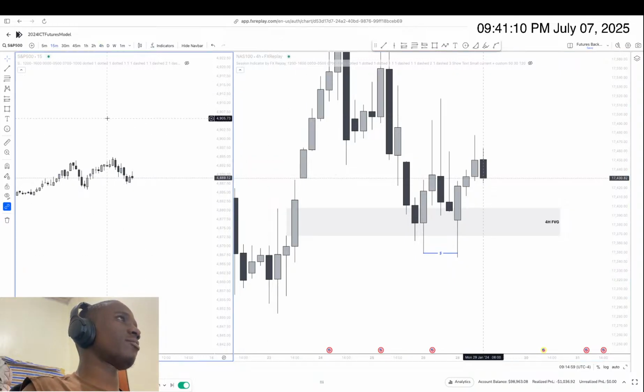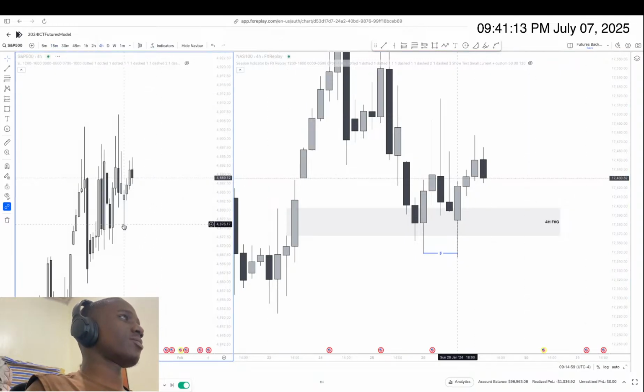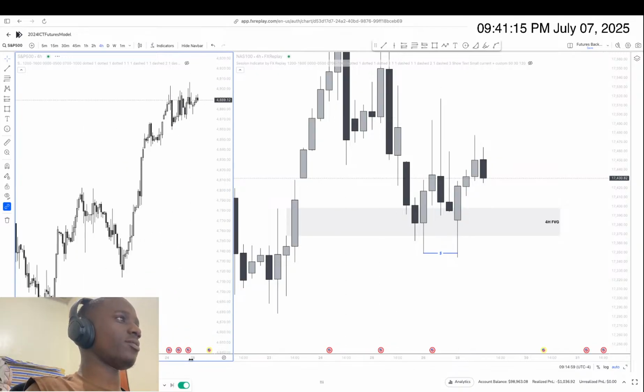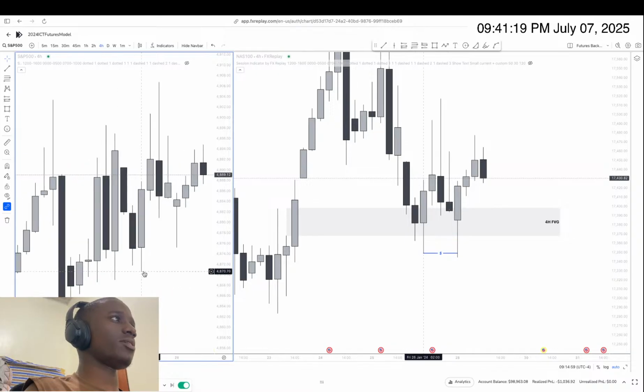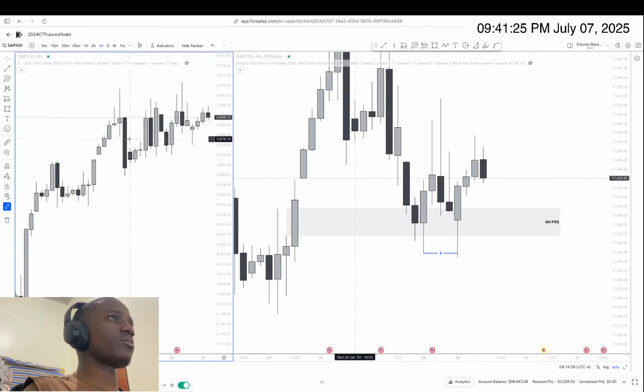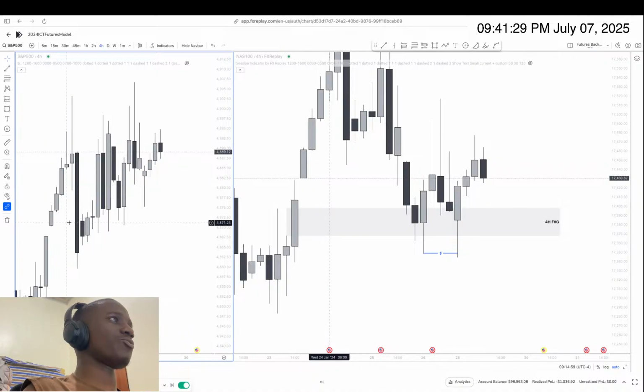and let's see how it's looking on the S&P. So the S&P is actually, it also has some kind of gap, does it? Well, let's see. So the S&P has a fair value gap as well. You can see it was respected, but it didn't put in this sweep.